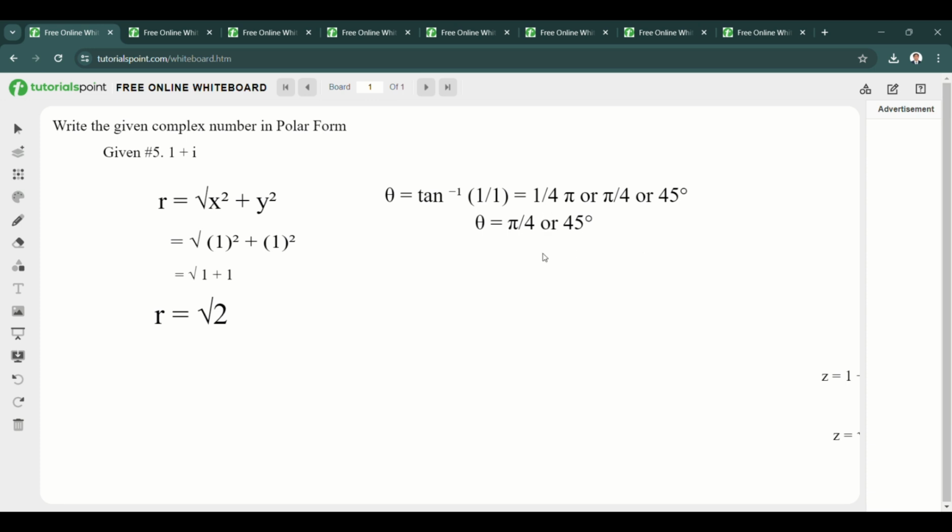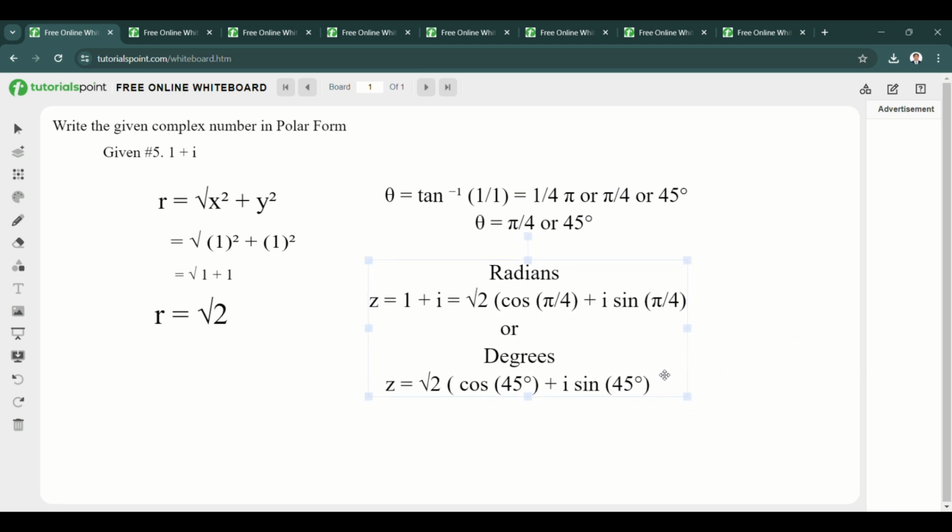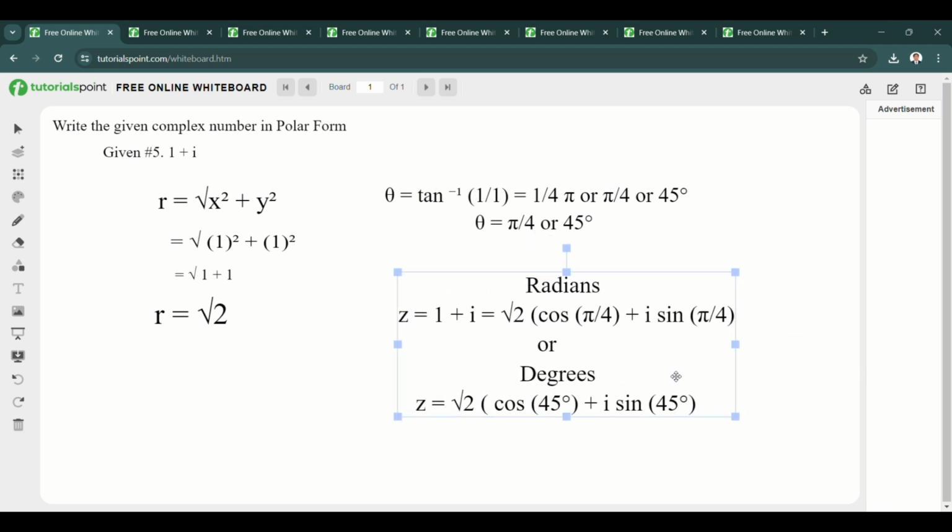Then it makes sense because 1 is on the positive x-axis and the imaginary number is on the imaginary y-axis. So this is in the first quadrant. Then this is the polar form of the given 1 plus i.